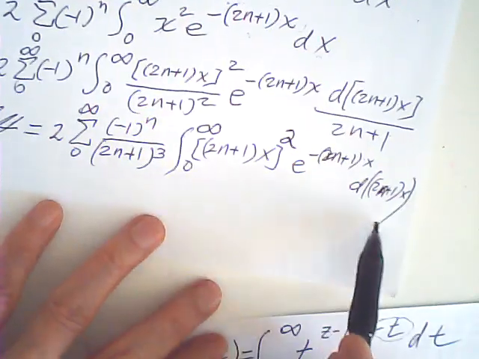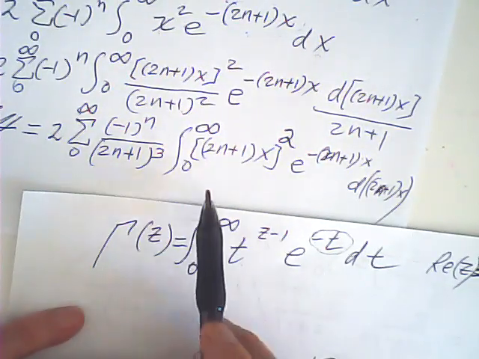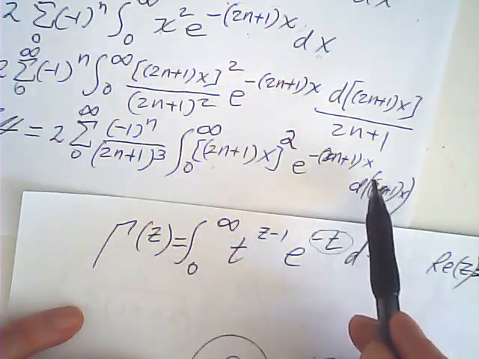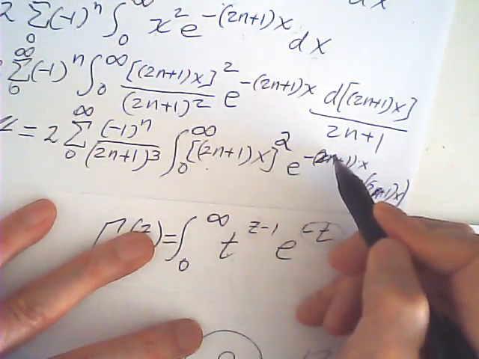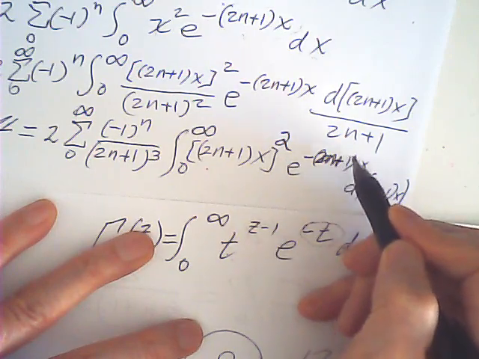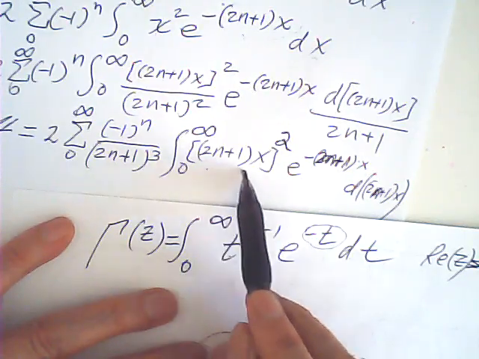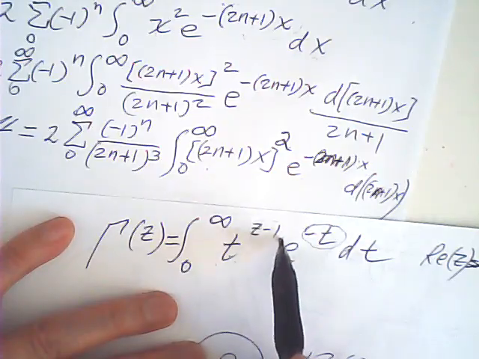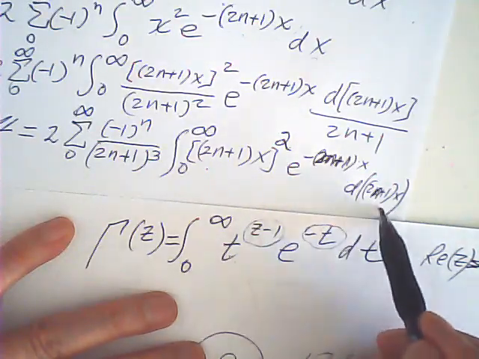So that just satisfies my gamma function: something squared, something e to something, and then d something. This is t to the z minus 1, e to something, and then d something.